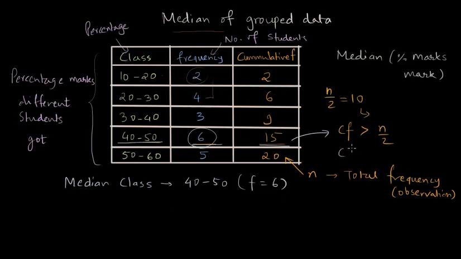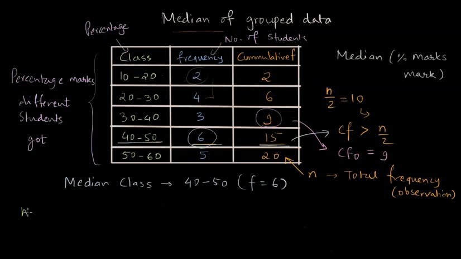Now there is another term called CF naught. CF naught is the cumulative frequency of the class before the median class. The class before the median class is 30 to 40, and the CF naught, or the cumulative frequency until that class, is 9 in this case. We are going to use this in our computation.